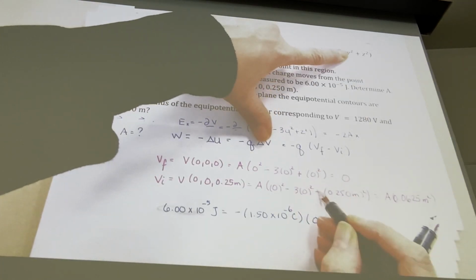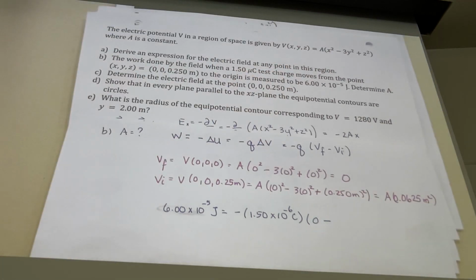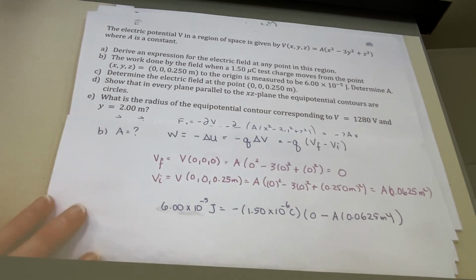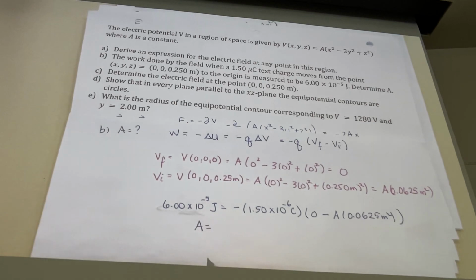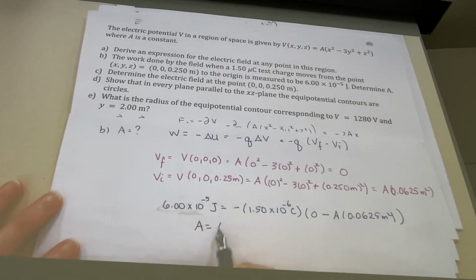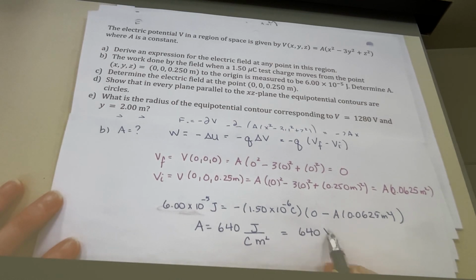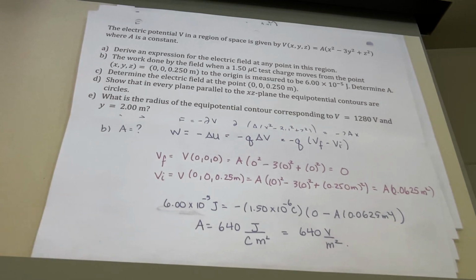That should be a plus, and that should be a plus. Okay, I switched it to a minus for no specific reason at all. A times 0.0625 meters squared. Then we can solve this equation for A. A turns out to be 640 joules divided by coulombs divided by meters squared. And we remember that a joule per coulomb is just a volt. Volts over meters squared, which is what we anticipated for those units in the first place.